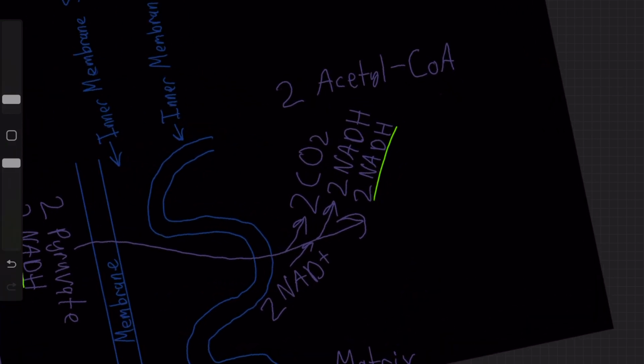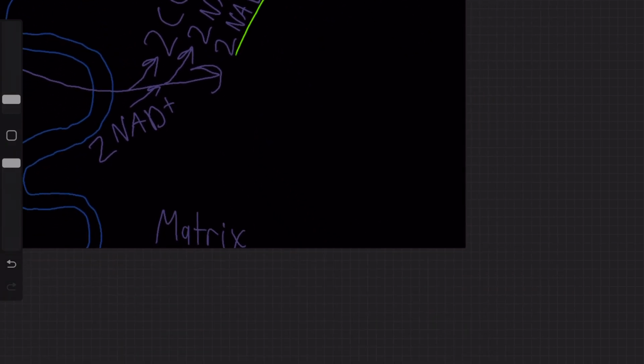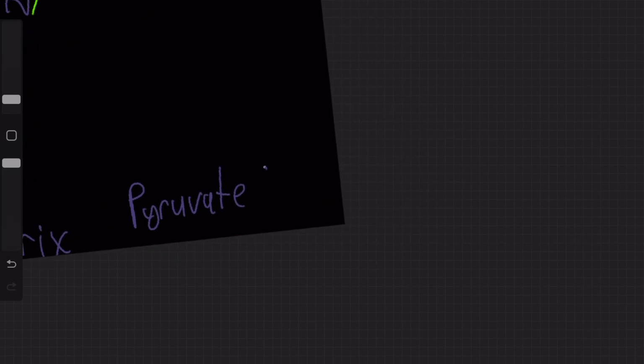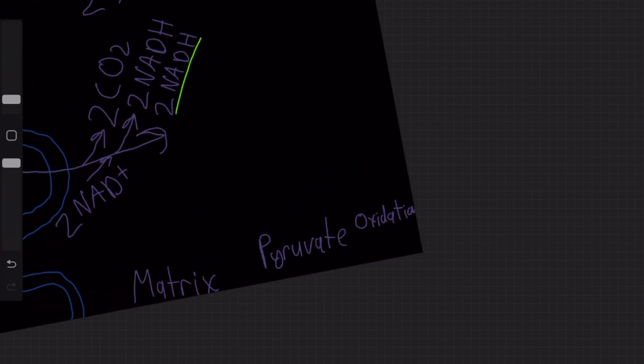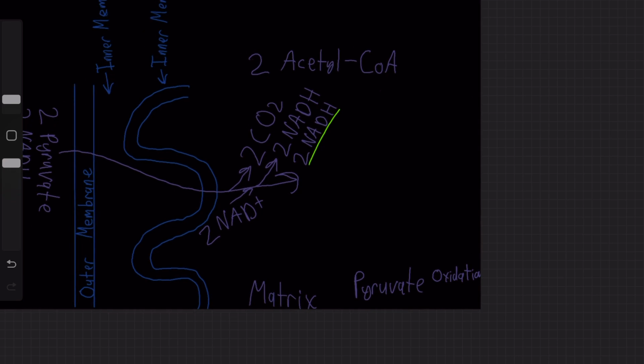Those 2 NADHs are also in the matrix, but we also, through this process called pyruvate oxidation, couldn't fit everything on there, but pyruvate oxidation will create two CO2.